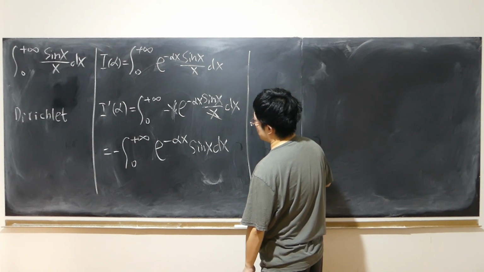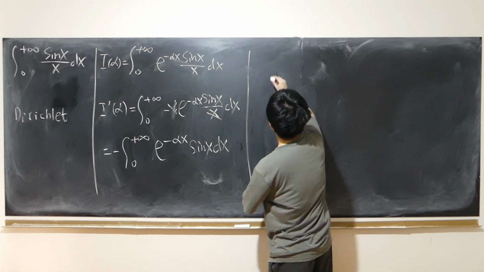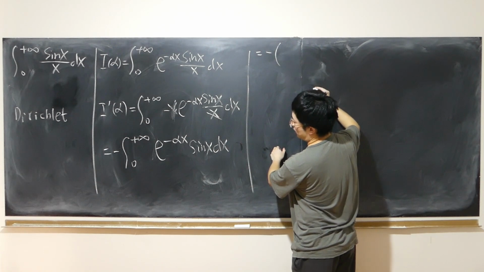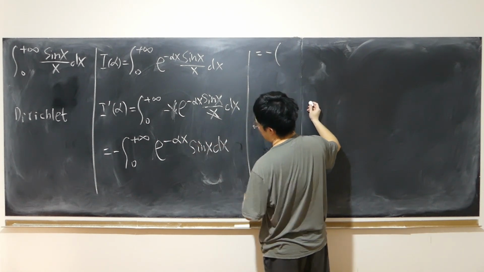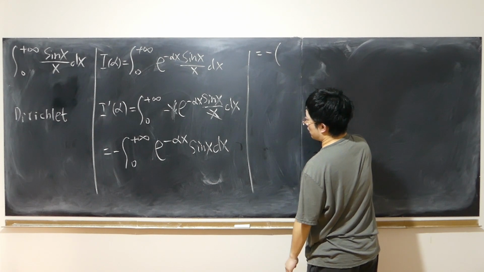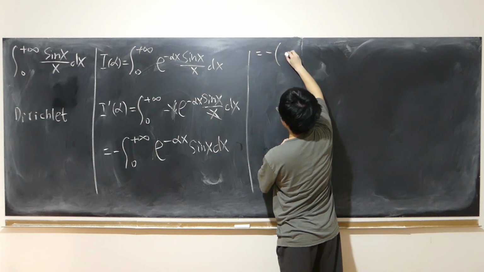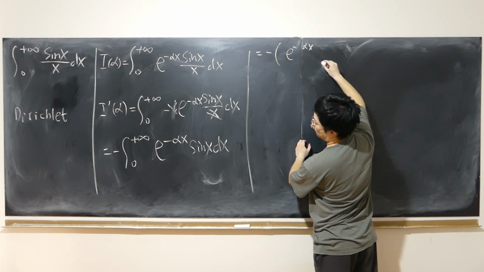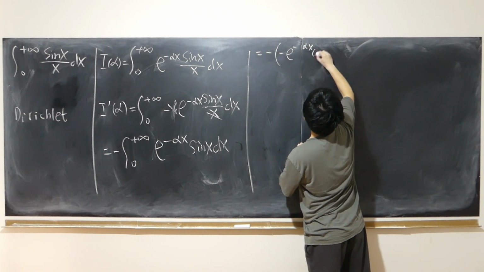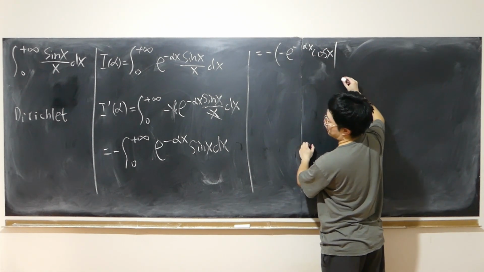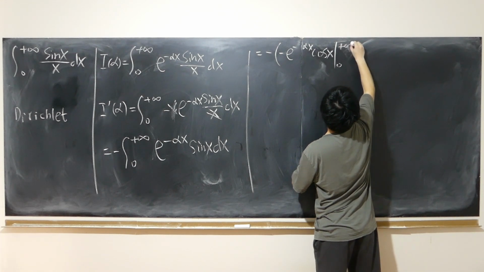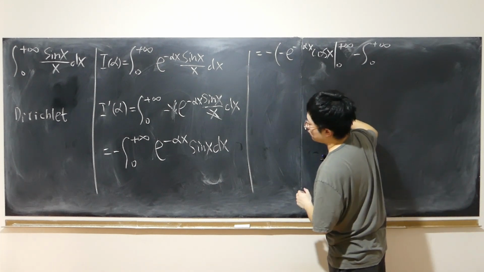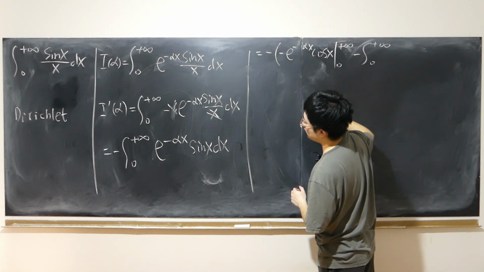So I'm going to use integration by parts. Maybe this is u, this is dv. u dv equals uv, so e to the negative alpha x times negative cosine x, evaluated from 0 to positive infinity, minus the integral from 0 to positive infinity of v du.